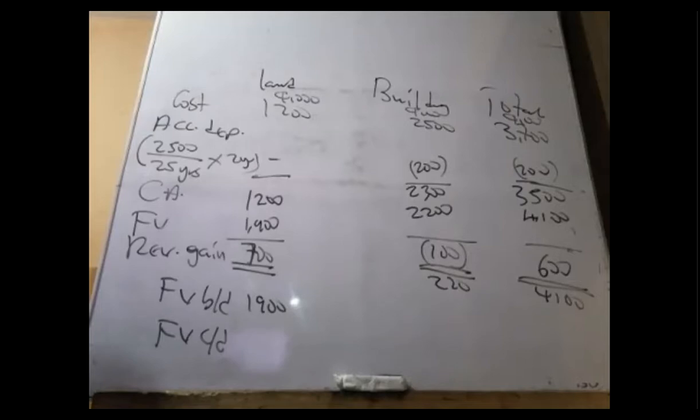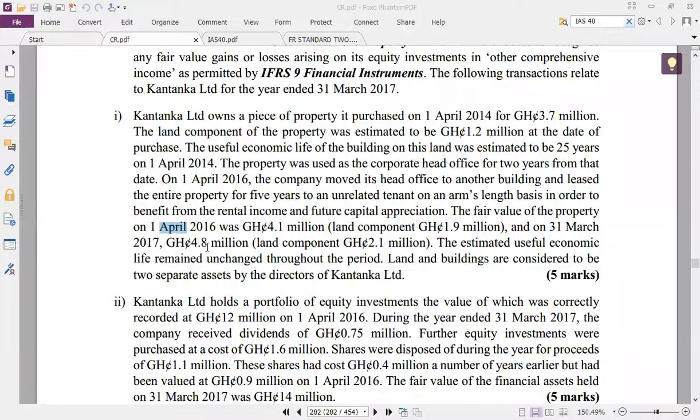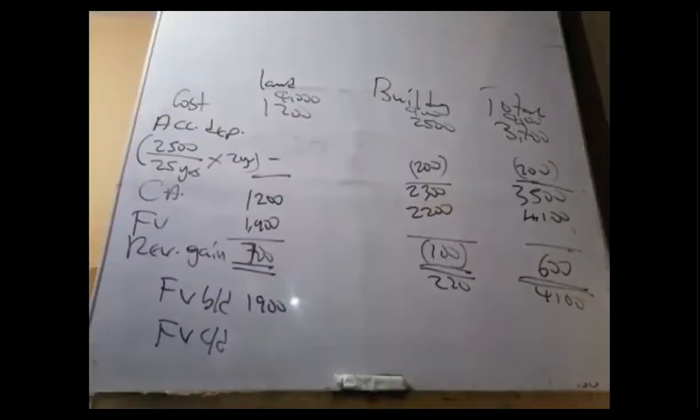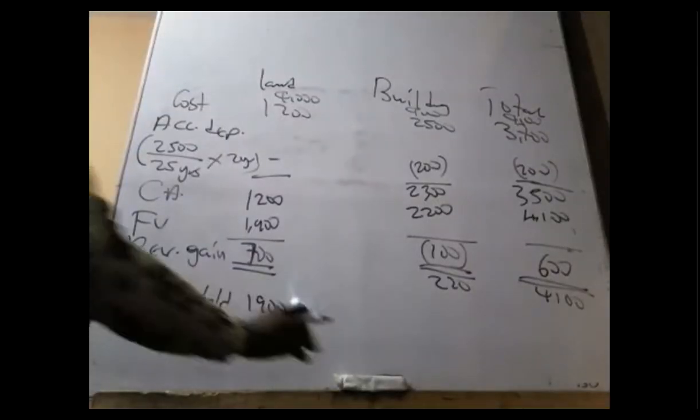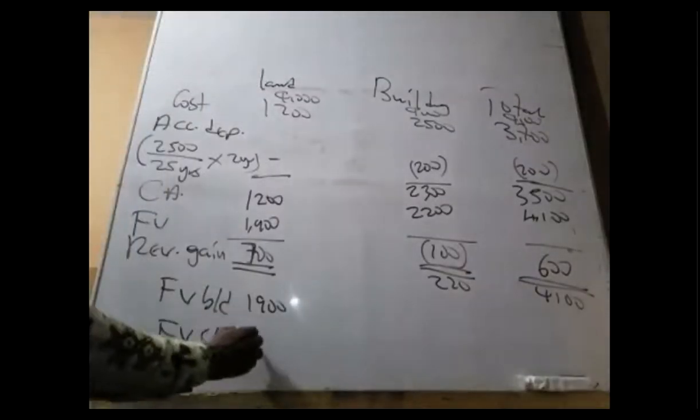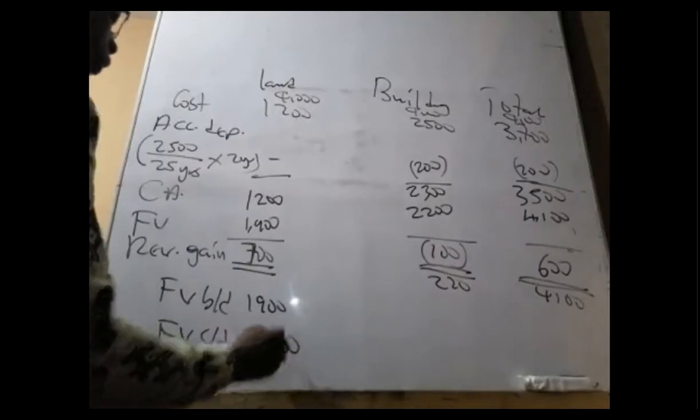Now let's see. So the fair value happens to be 4.8 million. Land is what? 2.1. So land happens to be 2,100.